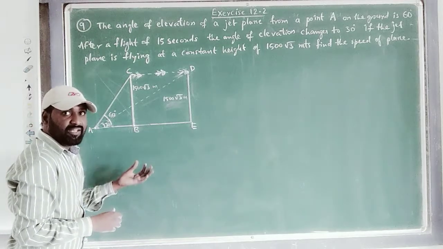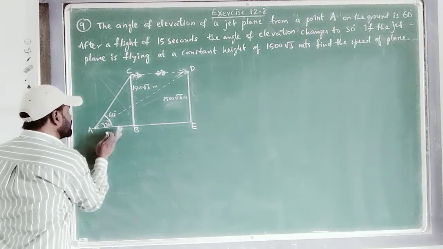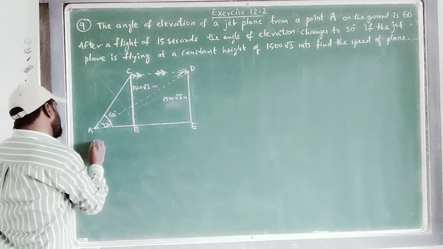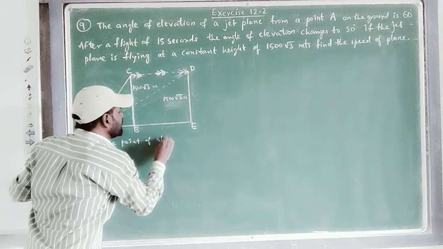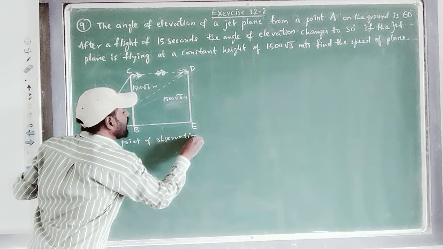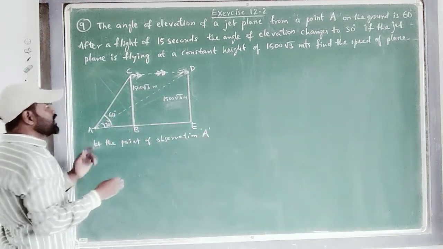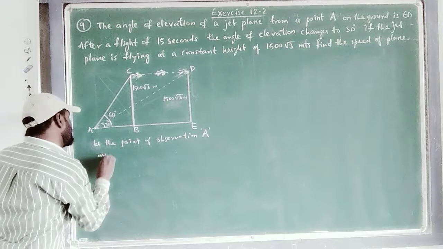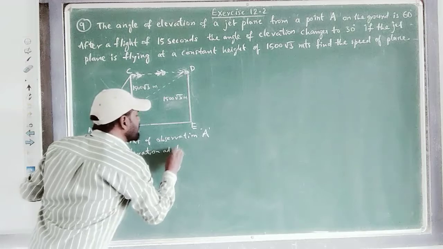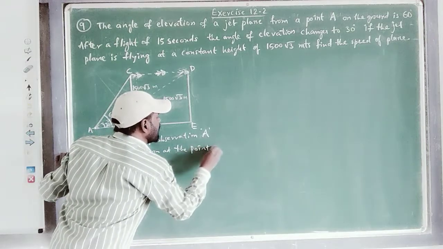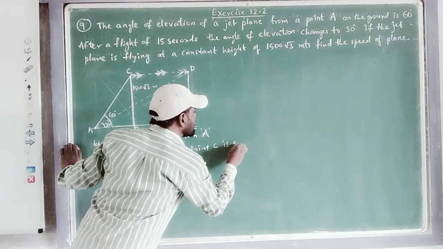In order to find the speed, we need the distance. So find out the distance from this figure. Now let us describe the figure. Let the point of observation be A. From here, the angle of elevation at the point C is 60 degrees.